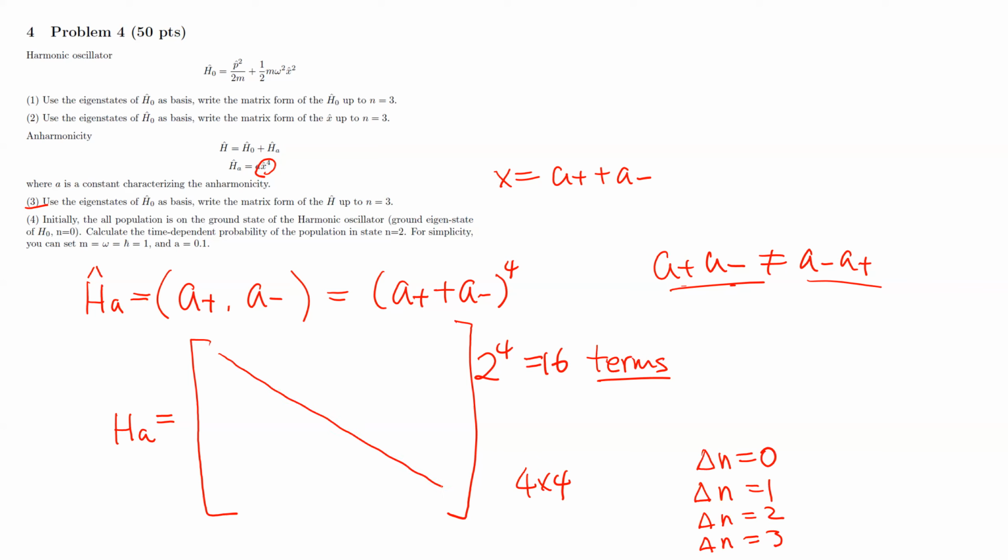That corresponds to this line, so the diagonal terms. What about delta n equal 1? That corresponds to this line. This is the delta n equals 1 line, this is the delta n equal 2 line, and here it's just one term, that is the delta n equals 3 line. So if we can just evaluate these lines, we can just mirror that. The left bottom corner can already be calculated.